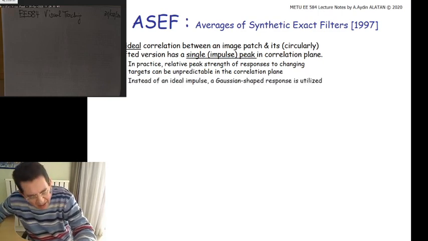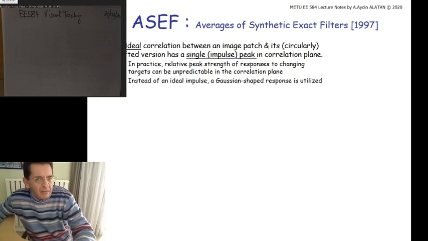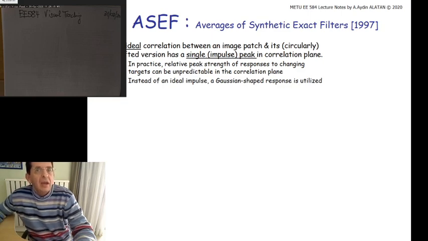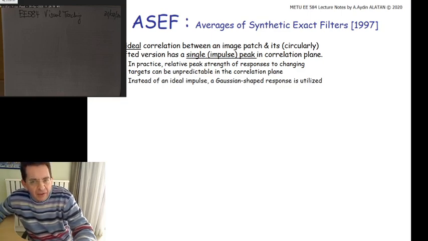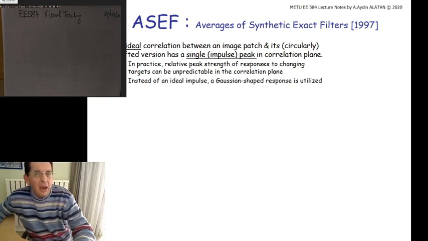Now, the idea here is very simple, but it's a very strong, beautiful idea. Instead of using an ideal impulse peak, try to obtain a Gaussian shaped response. In other words, find me a filter so that when you make a correlation of two circularly shifted images, at the correct shift I am not expecting a perfect ideal impulse, but a Gaussian shaped response.